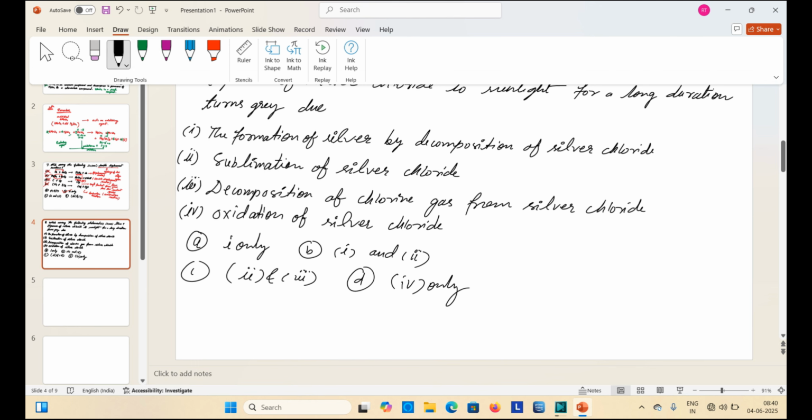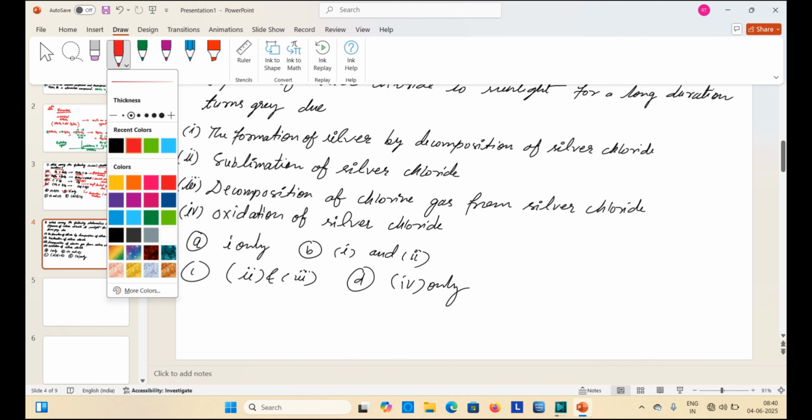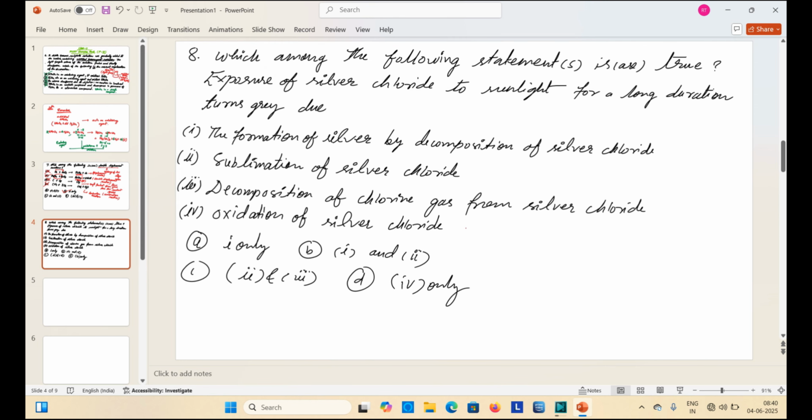But in your NCERT textbook you will find that whenever you expose this silver chloride, AgCl, which is white in color, in the presence of sunlight, it will decompose into silver and chlorine gas.